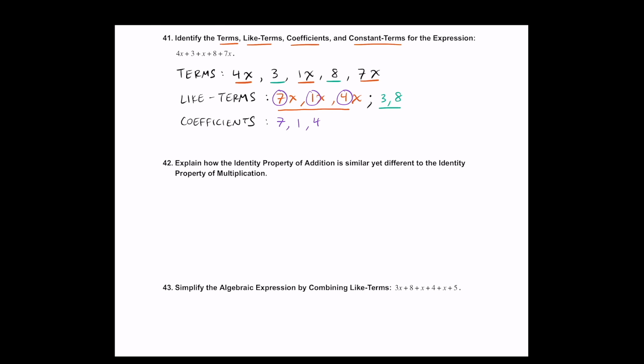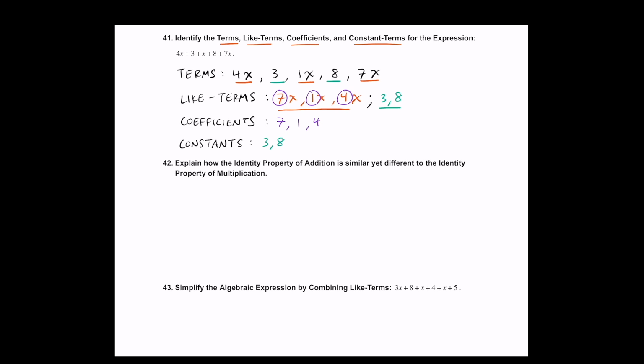Coefficients are always going to be found in front of the variables. Finally, we have these things called constant terms. You can call them constant terms or constants. I'm just going to write constants for now. Usually people will know what you're talking about. And those are just the plain old numbers that don't change. The word constant means it stays the same. And 3 and 8, the value of those terms don't change.